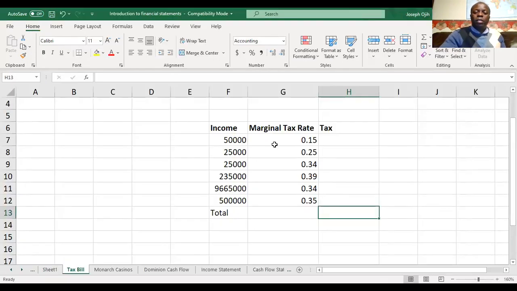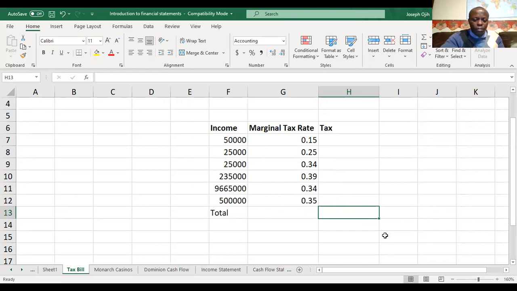So the first 50,000 has this. Next 25,000, 25%. Next 25,000, 34%. 250,000, 39%. 966,500 is 34%. And of course, the last amount.